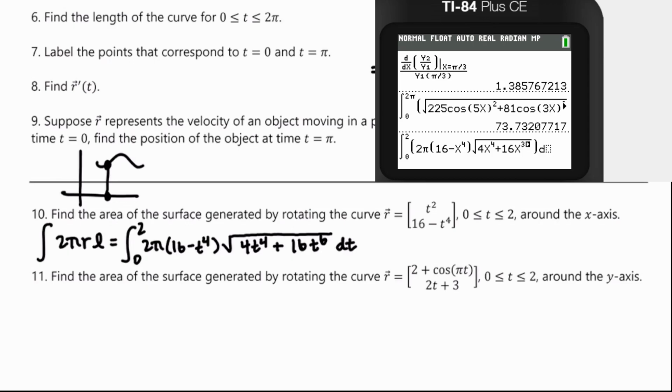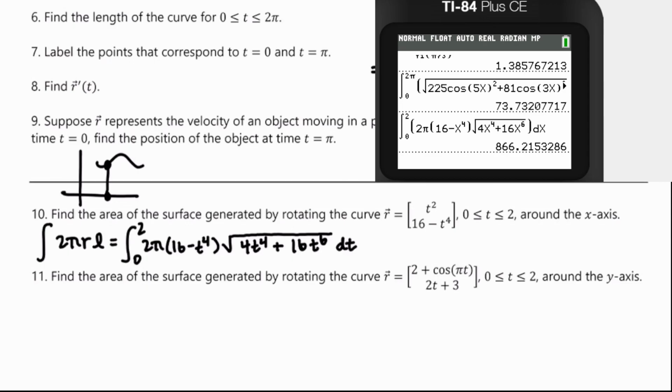No, that wasn't a 3. Oh, that could have been bad, giving me totally the wrong answer. It's just 2 pi RL, and it also has the dt in it. That one was quick by comparison: 866.215.